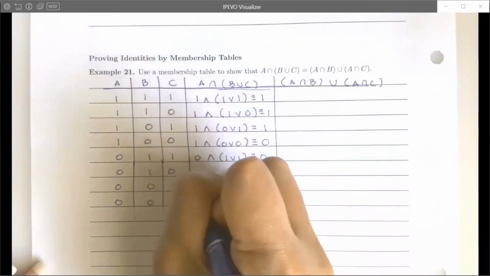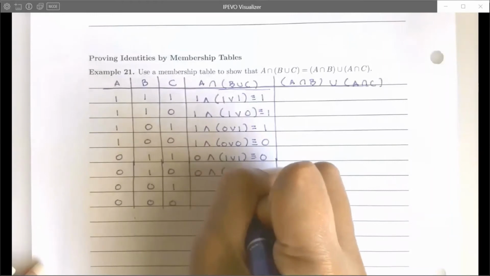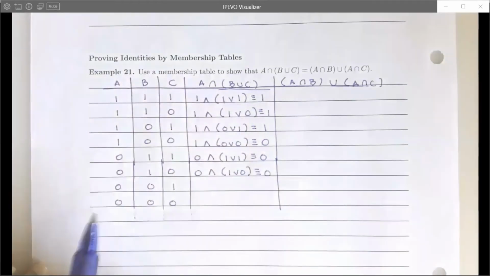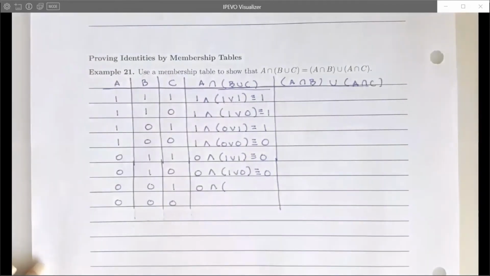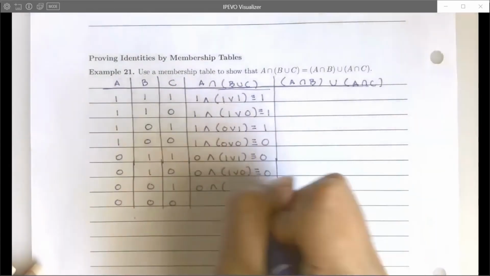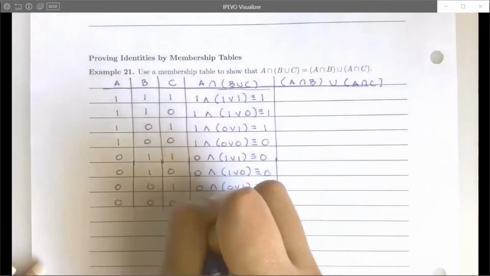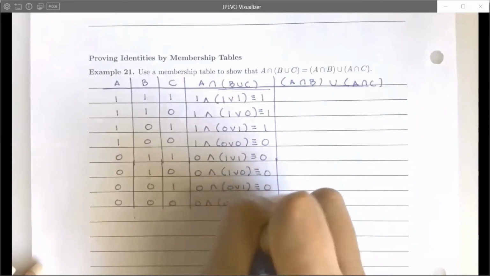Then we have 0 and 1 or 0, which again is going to be 0. Basically, all of these are going to be 0 because the element is not found in A. So if it's not found in A, it won't be found in the intersection. But just to be complete, I'll go ahead and write the full expression for each of those combinations.